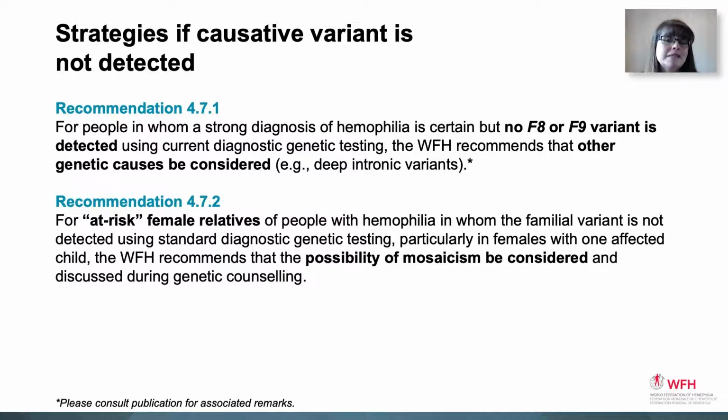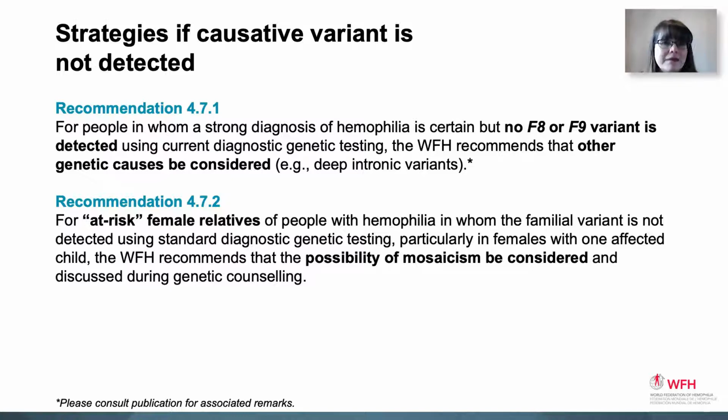In these patients who have a strong diagnosis of haemophilia, but no factor VIII or factor IX variant is detected using current diagnostic technologies, other genetic causes must be considered. For example, deep intronic variants that can't currently be detected. As I mentioned earlier, these might be able to be detected through massive parallel sequencing or whole genome sequencing, but these technologies aren't widely available.